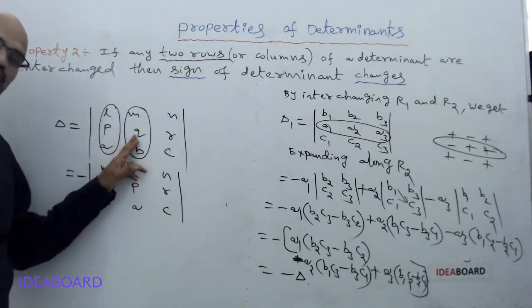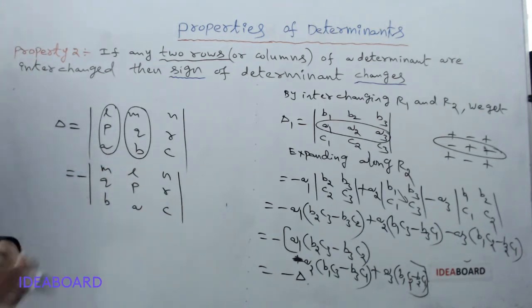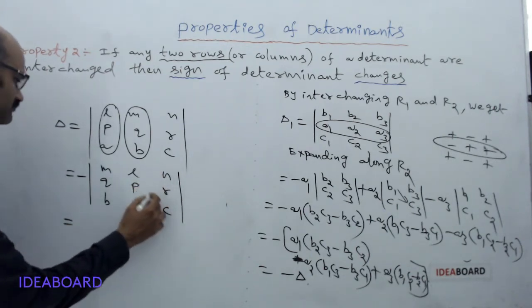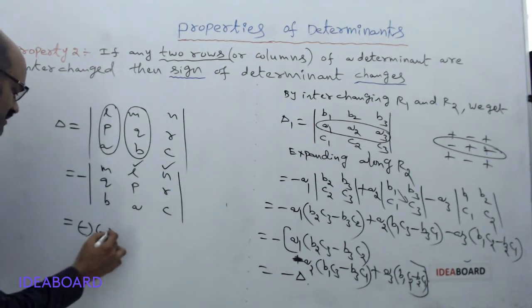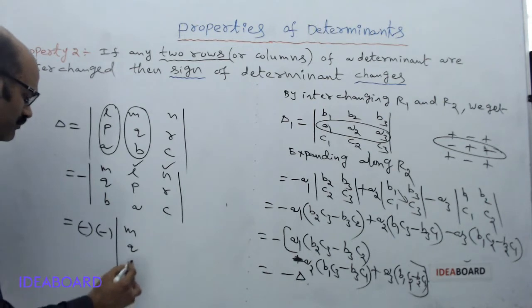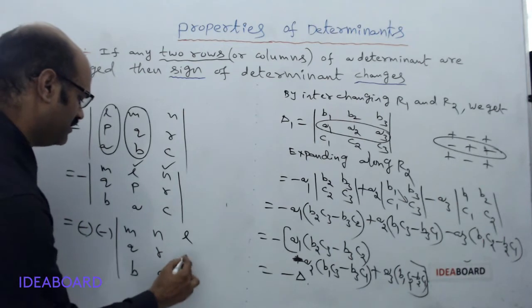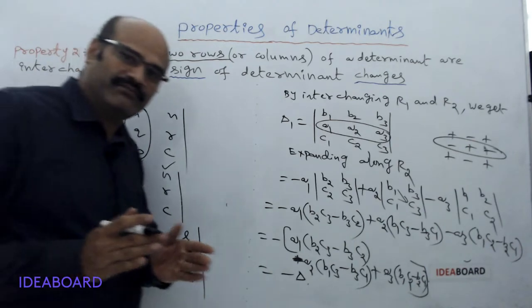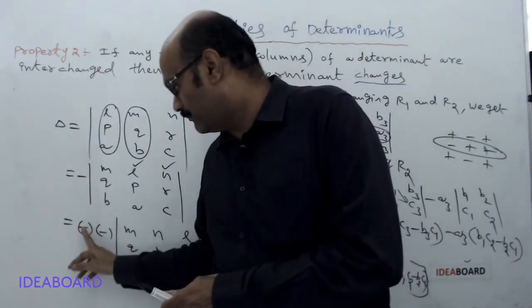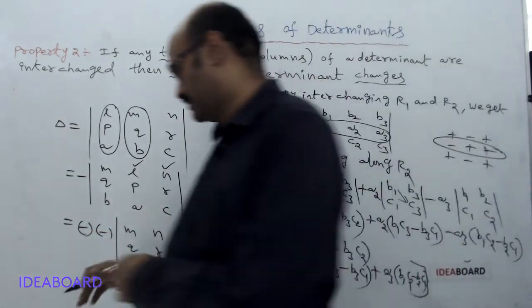Whenever you interchange any two rows or any two columns, just take minus before this. If you want to interchange one more time, you can. Suppose C2 and C3 are interchanged, take one more minus: M, Q, B, N, R, C, L, P, A. So if you interchange one time, you take minus. If you interchange two times, minus into minus, two minuses we should write.